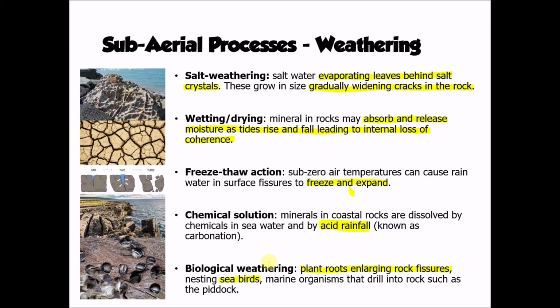And we can also get marine organisms that actually attach themselves and drill themselves into the rocks, like the piddock here that we can see in this photo, almost like a little mollusk that grows on the side of rocks. We can see how it's actually drilled itself into the rock, and again that is going to weaken the structure. So this is all being driven by plants or animals and their action on the rocks.